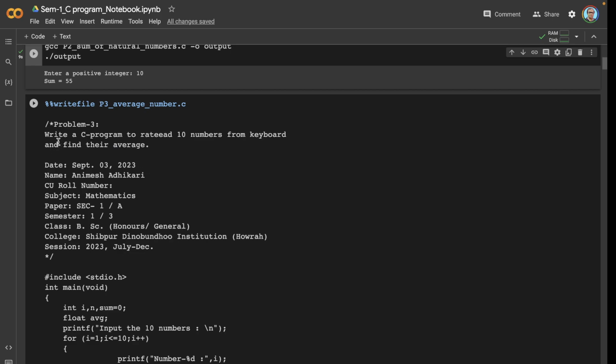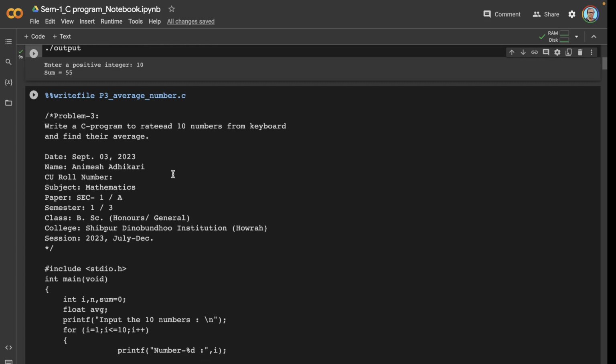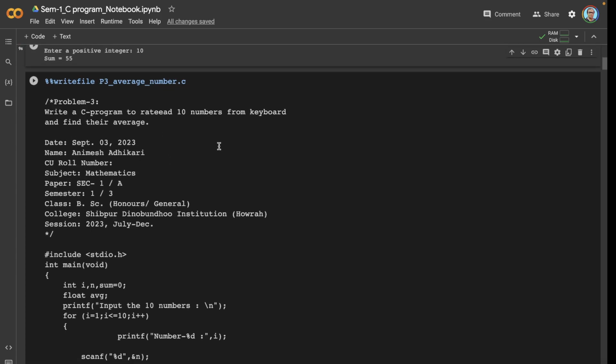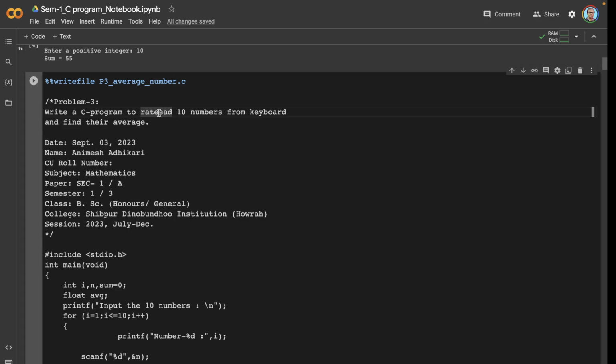Problem 3. Write a C program to read 10 numbers from keyboard and find their average.